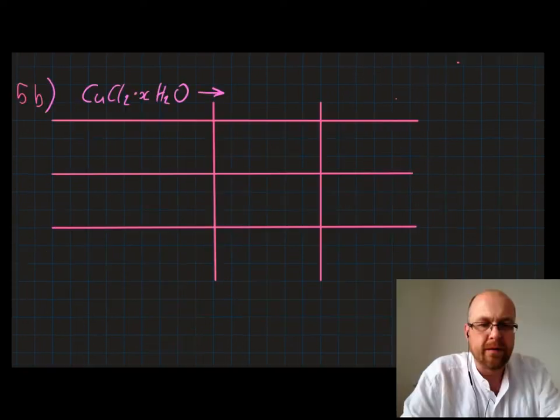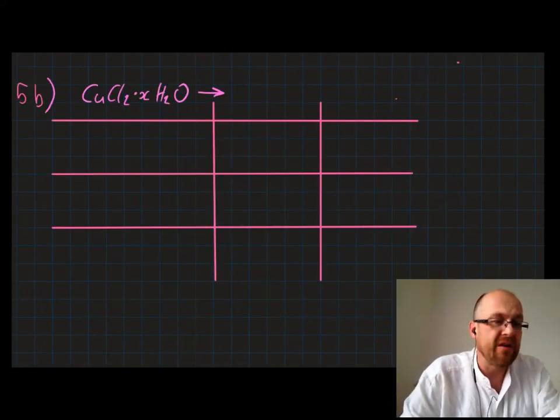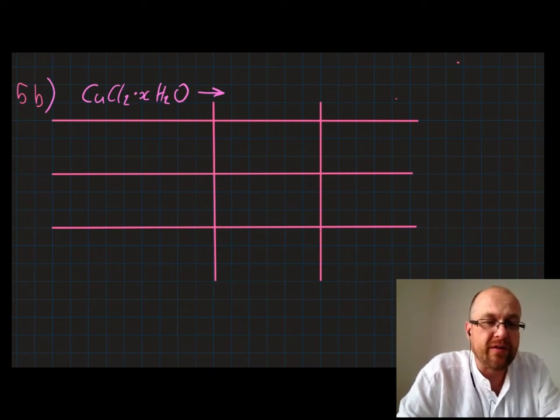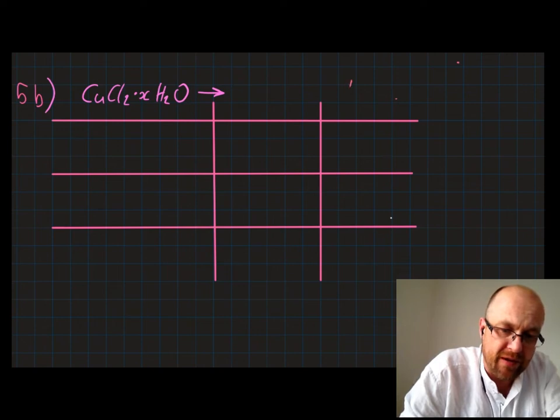Next one. All right, 5b. So the equation is hydrated copper chloride with X water, and well, they drive the water off, don't they? So X water is going to come off, and you've got your copper chloride left over.